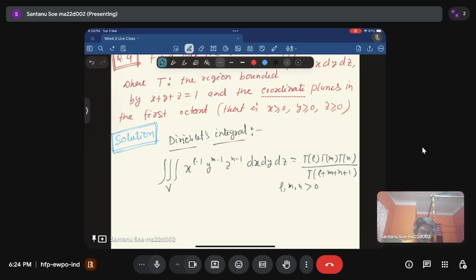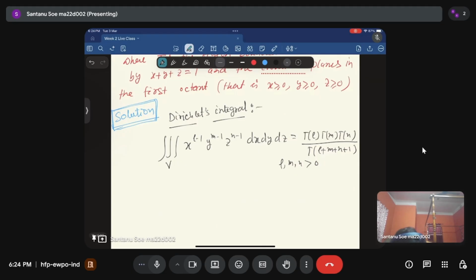And also the region V is bounded by x greater than or equal to 0, y greater than or equal to 0, z greater than or equal to 0, and x plus y plus z less than or equal to 1.